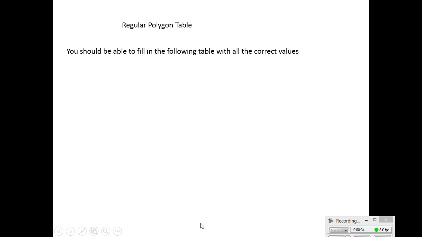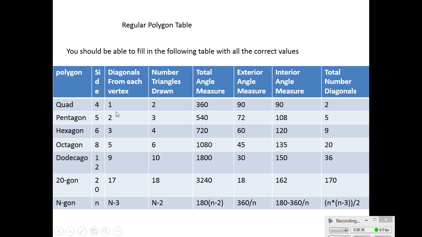When we're finished with that, we can generate this table, and like I said, this slideshow will be available to you as a slideshow, so you can keep these up and running and see how all these values are determined, okay? What we have are the number of diagonals from any one vertex, which is always 3 less than the number of sides. That's why we have this n minus 3.